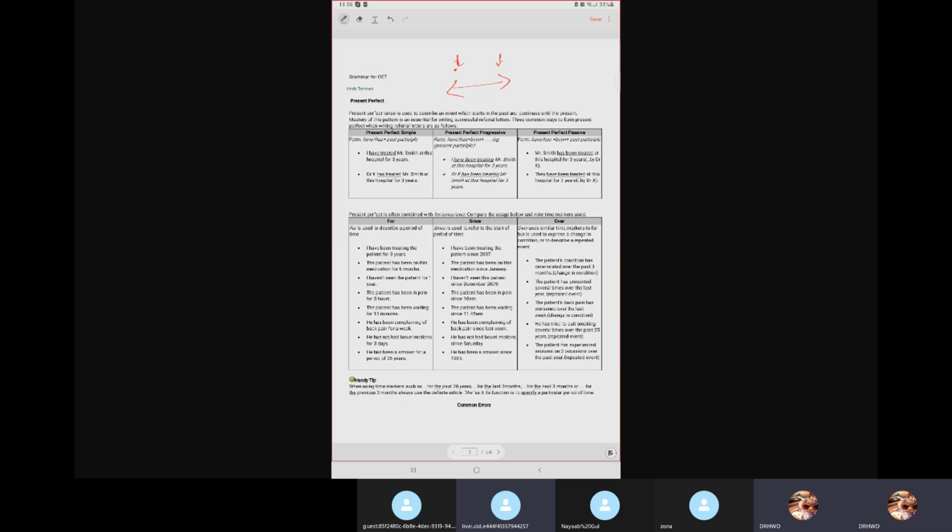And since is not specific in terms of time or year. Okay. Dr. Nayab, what is your definition? For is used for any period of time when we do not specify the time, and since is used when we specify the time, like since that year, we mention the year.